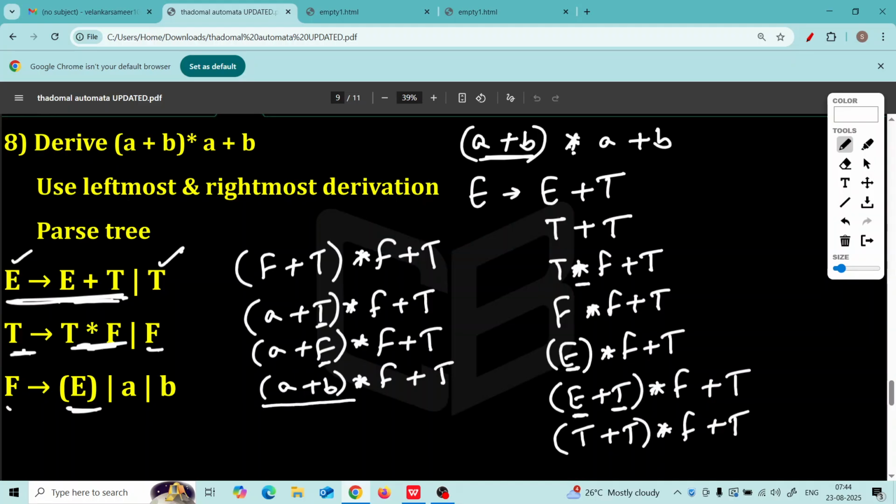Then, leftmost derivation it is. So this F now will give A. We want A, isn't it? Plus T is pending.